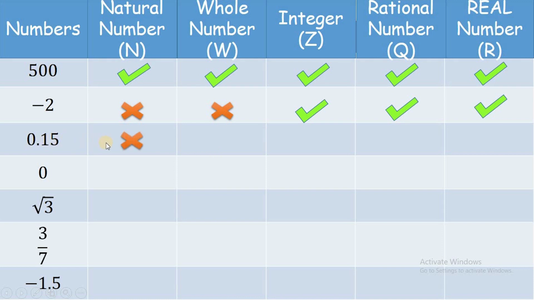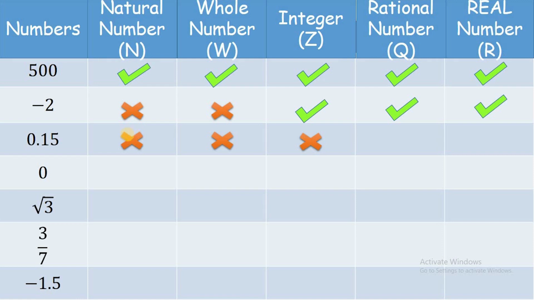0.15 is not a natural number, it's not a whole number, it's not an integer, because natural numbers are the collection of numbers such as 1, 2, 3, 4 and so on.